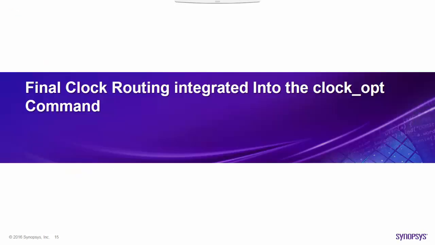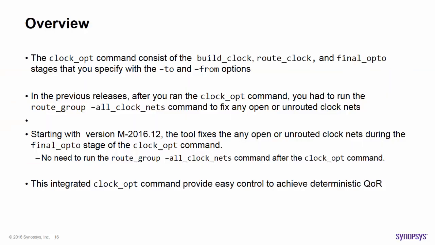The next feature is final clock routing integrated into the clock_opt command. Overview: the clock_opt command consists of the build clock, route clock, and final opto stages. The user specifies these stages with the options -to and -from. Till the previous releases, after the user runs the clock_opt command, the user needs to run route_group -all_clock_nets to fix any open or unrouted clock nets.